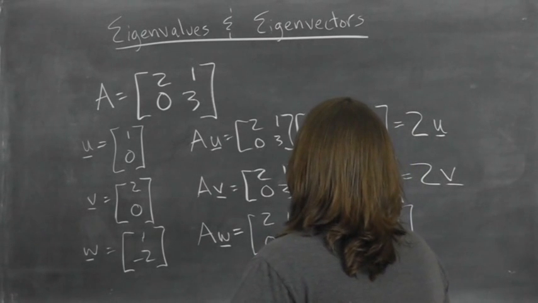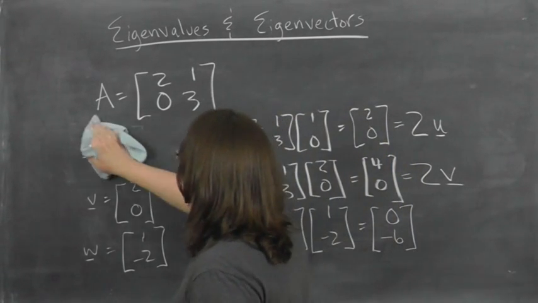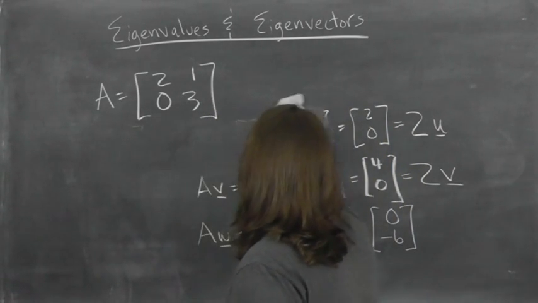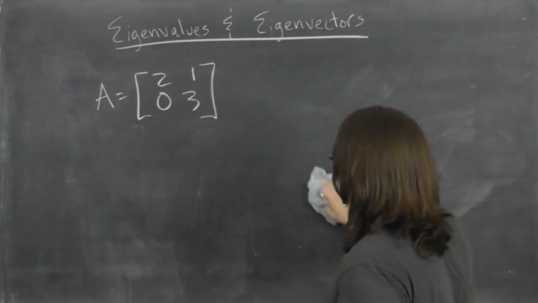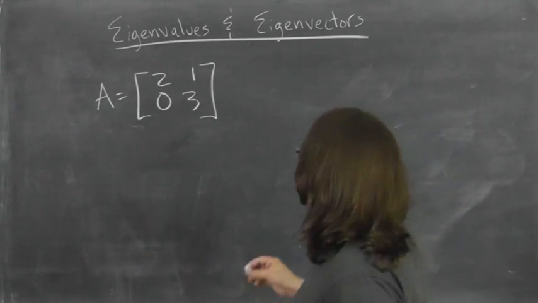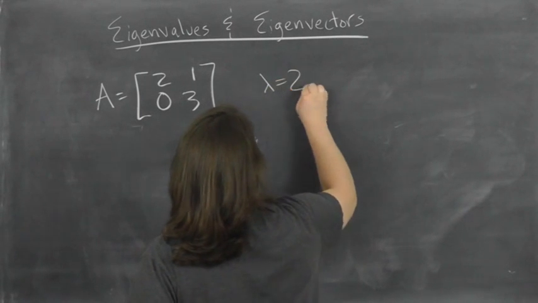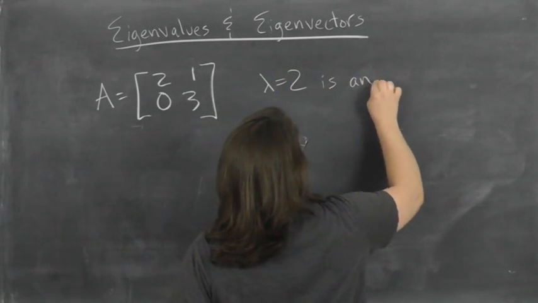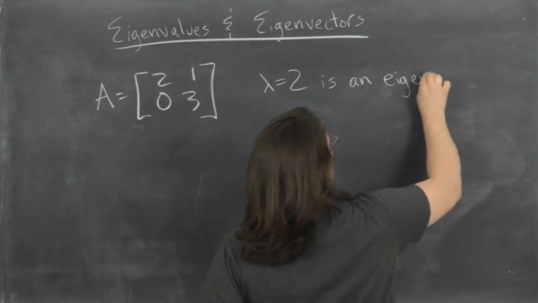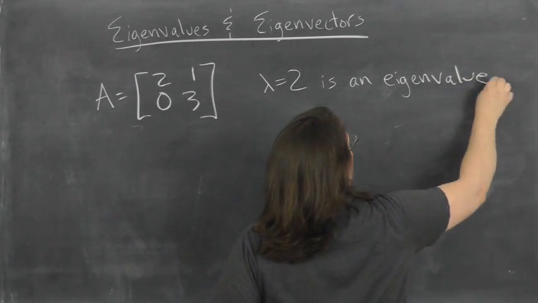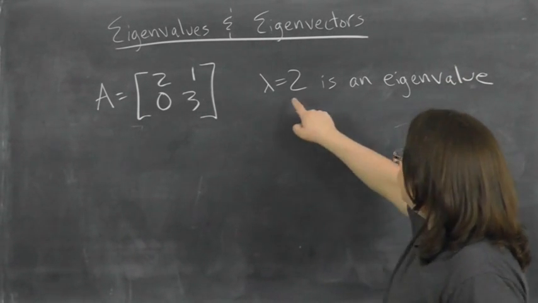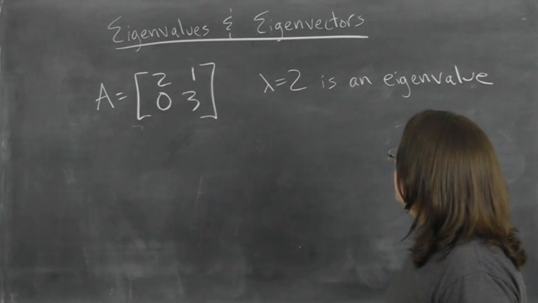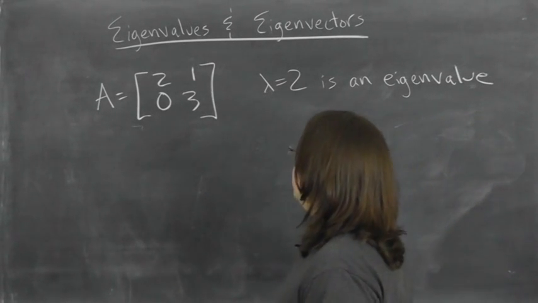I want to think about one more aspect of this story, which is this eigenvalue 2. So we've shown that lambda equals 2 is an eigenvalue. And I want to take that lambda equals 2 and do something with it.